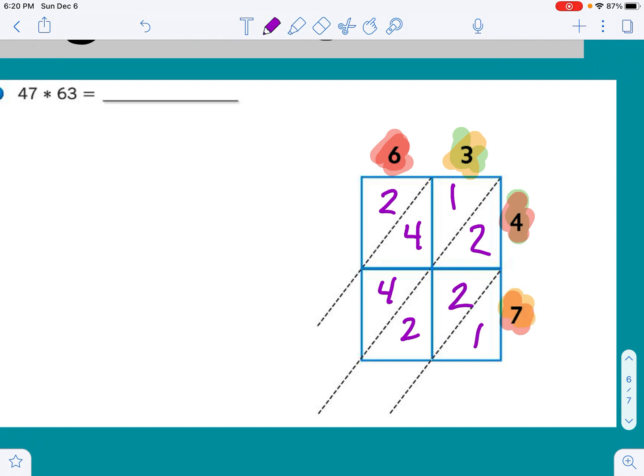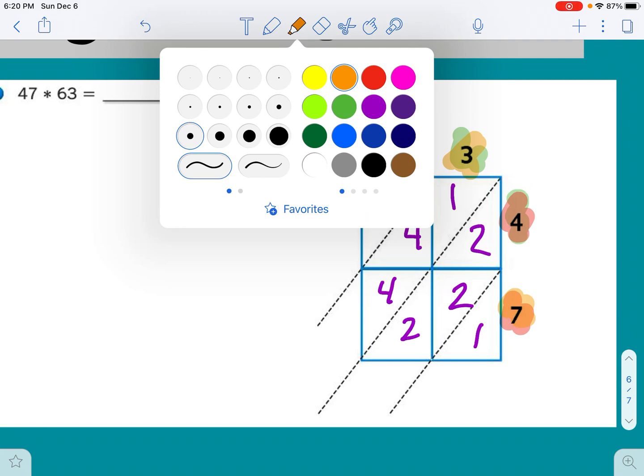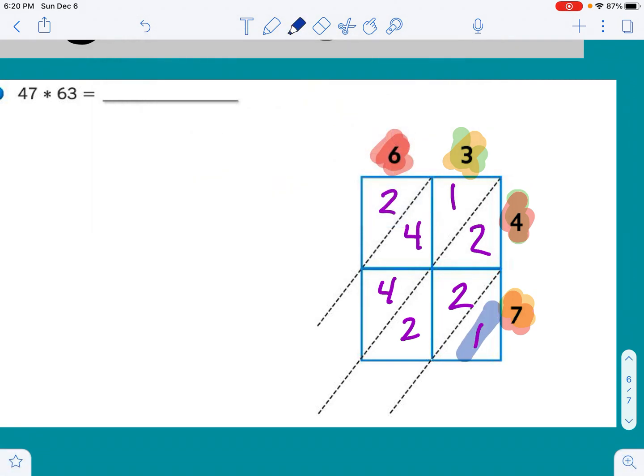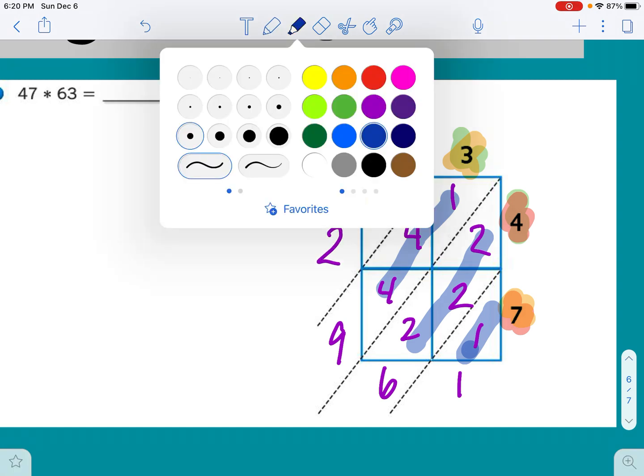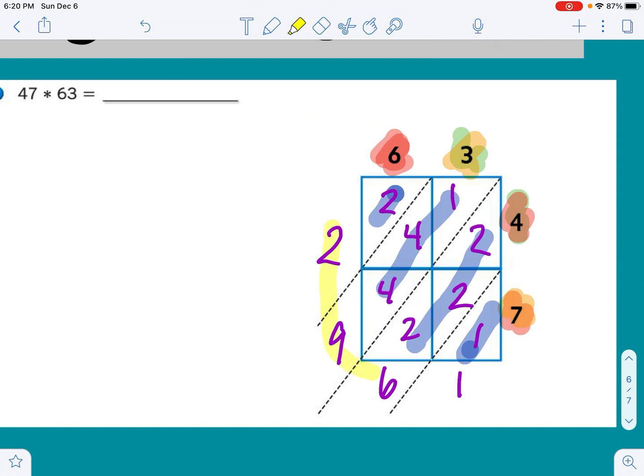Doesn't matter what order I put those in, but then I do have to do my diagonals starting down here in the ones place and get a 1, and then do 2 plus 2 plus 2 gives me 6. 1 plus 4 is 5, plus 4 is 9. And then bringing down my 2. So we have final answer of 2,961.